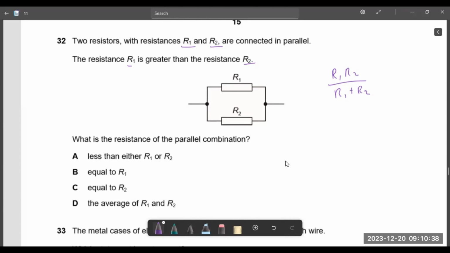For example, here R1 is greater than R2, so I'm taking R1 as 4 and R2 as 2. Then R1 R2 is 8, by R1 plus R2 which is 6, that is 1.3. So it will be less than either R1 or R2. So the right choice is A.